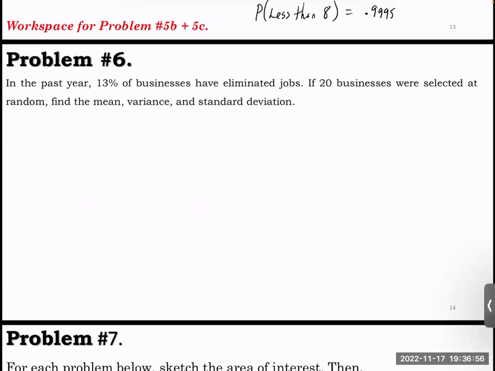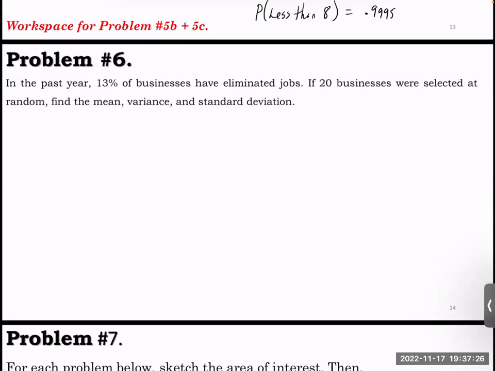It states that in the past year, 13% of businesses have eliminated jobs. If 20 businesses were selected at random, find the mean, variance, and standard deviation. Okay, here we're still dealing with a binomial distribution because you can think about the 13% of businesses that have eliminated jobs as the value of p.